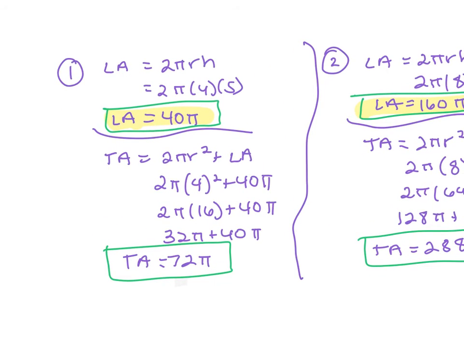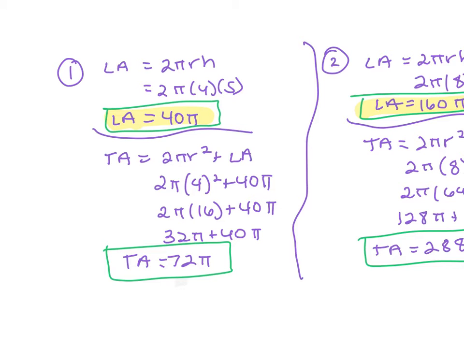Lateral area of a cylinder is 2 pi r height. Plug it in, you get 40 pi. Total area is lateral area plus the area of the 2 bases.